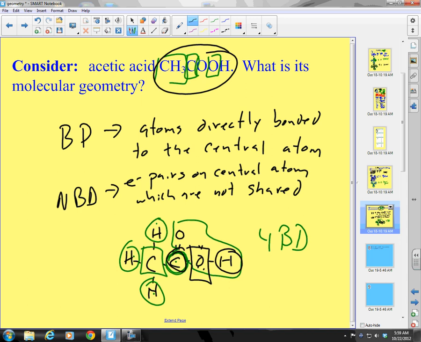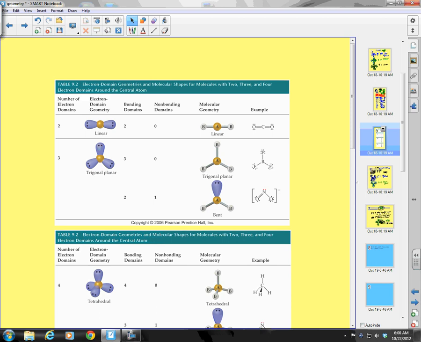So we'd say that it has 2 bonding domains, but we also have an unshared pair here and an unshared pair there of electrons. So we'd say it has 2 non-bonding domains, okay? And then based on that, we could use a chart, which we've all memorized by now, where we look at bonding domains and non-bonding domains, and we can get the molecular geometry.